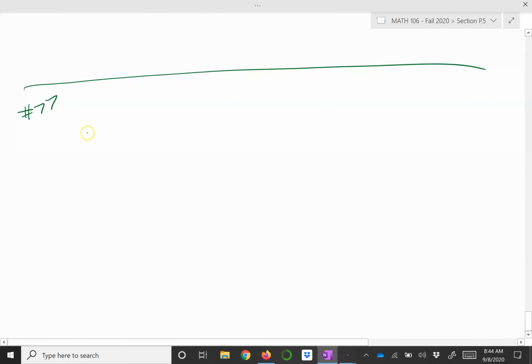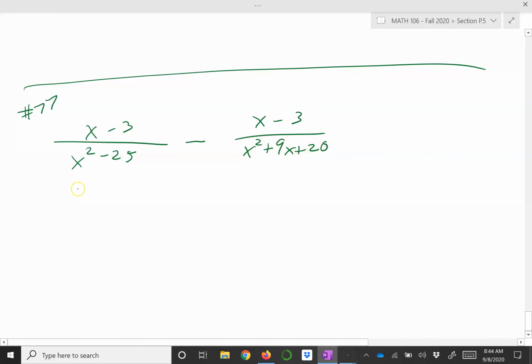77. So this is x minus 3 over x squared minus 25, and then we're going to subtract this expression. Okay, so again, let's factor everything. So we have x minus 3, and then we have a difference of squares in the denominator.